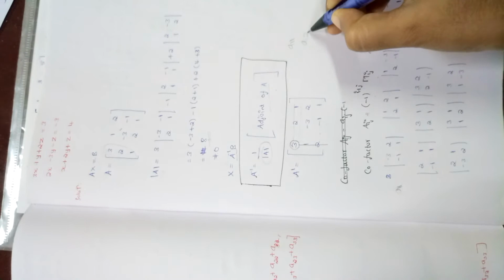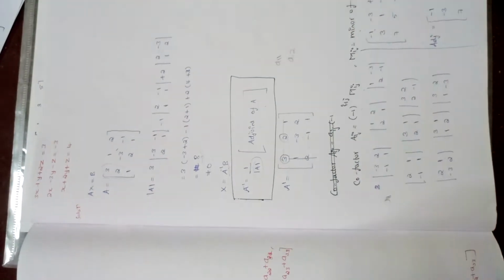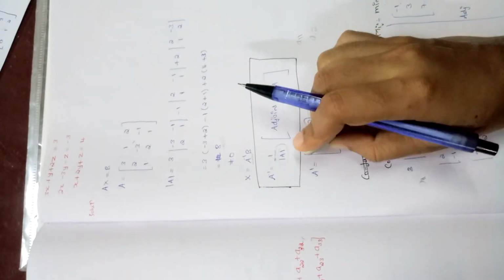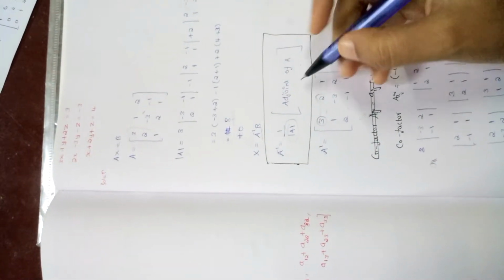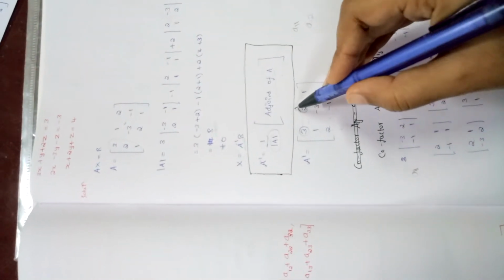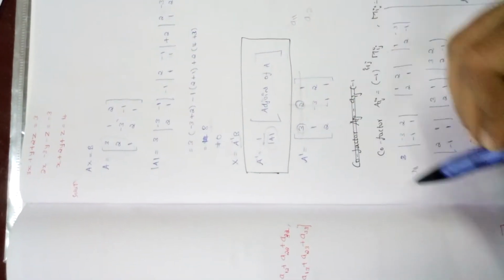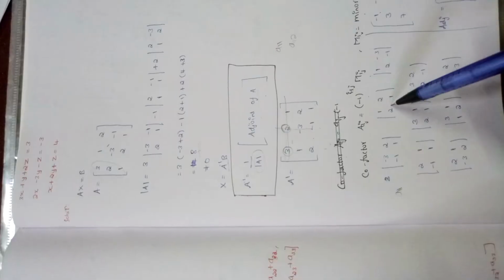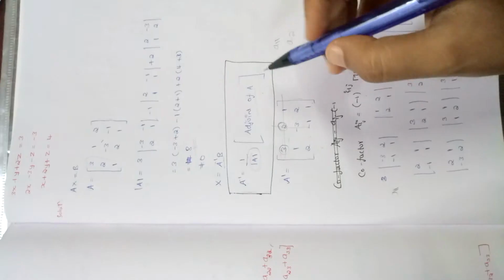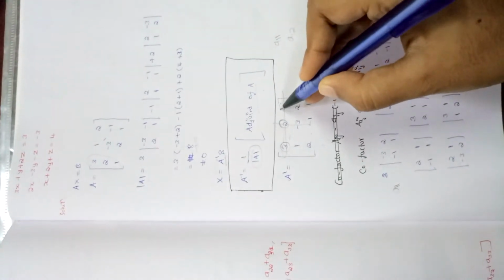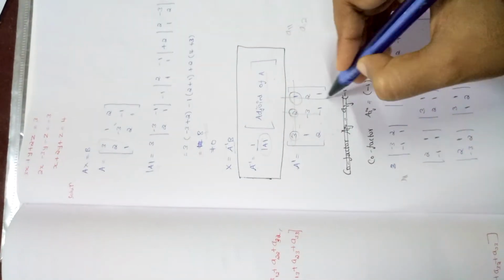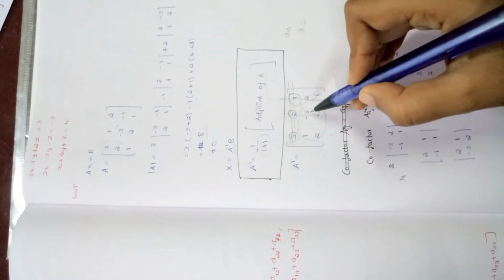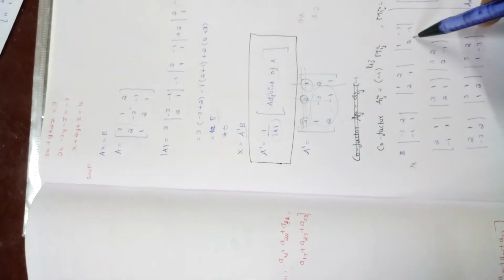Now for A12, we consider 2. When we consider this one, we delete the row and column containing 2. So the remaining is 1, 2, 2, 1. Next, when we consider A13, delete this row and column. So the remaining is 1, minus 3, 2, 1.